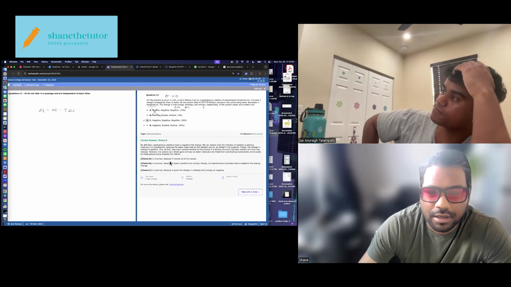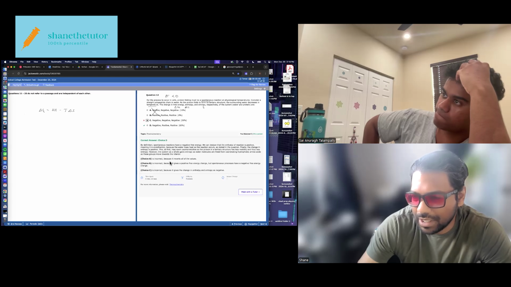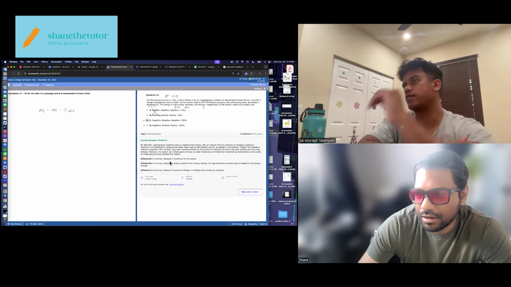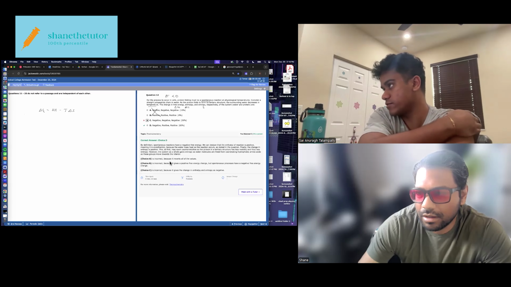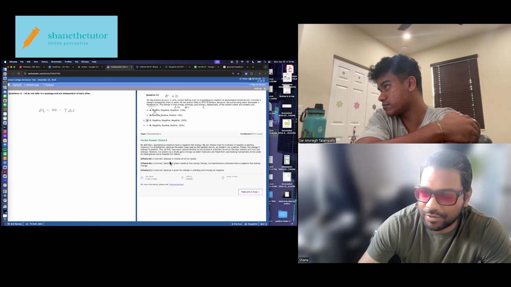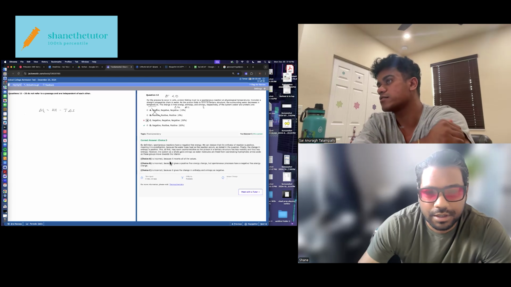If the temperature of the surrounding water decreases, this would be an endothermic reaction, right? The temperature is decreasing, because there's no heat being released, heat is being absorbed. So that means our delta H must be positive, right? Oh, okay, that makes sense.